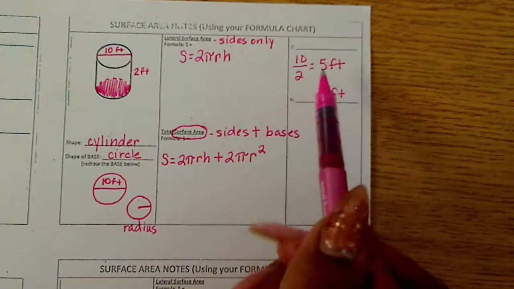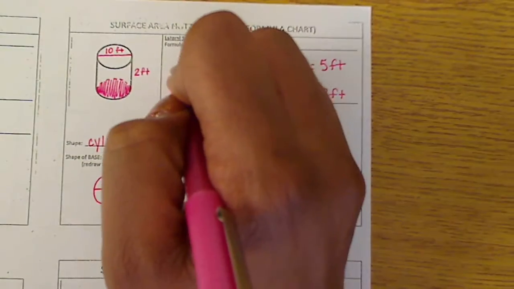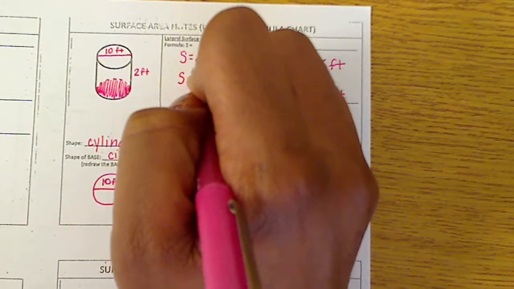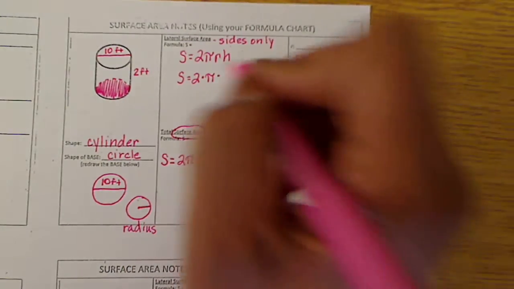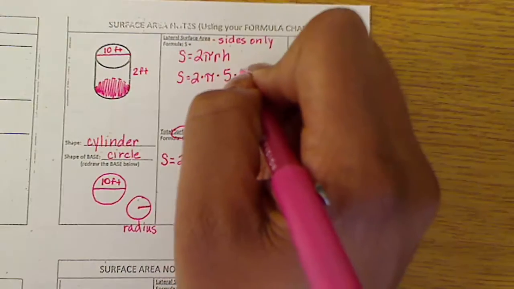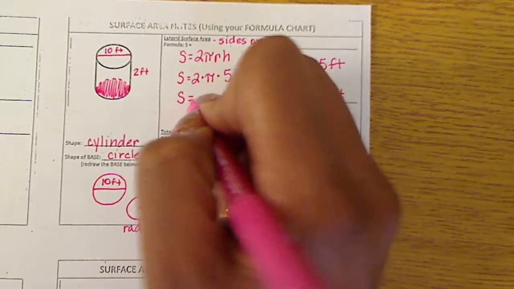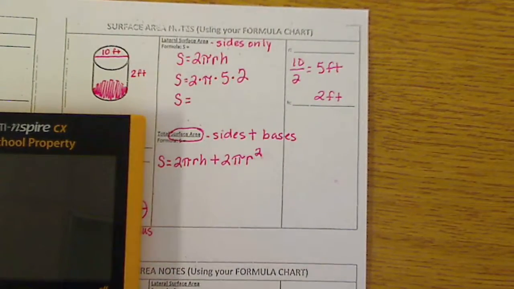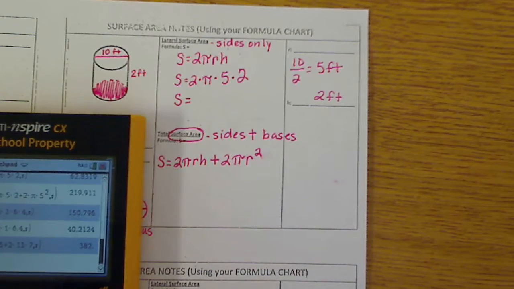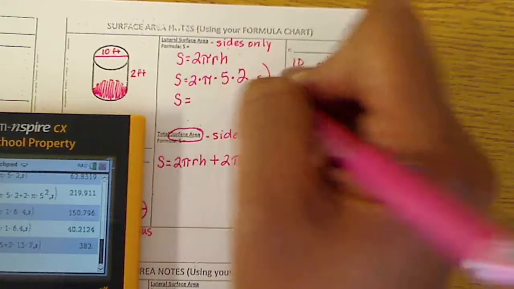So first, let's solve for the lateral surface area. We're going to substitute our values for the variables. So the surface area equals 2 times pi times our radius, which is 5, and our height is 2. We put that in solve.